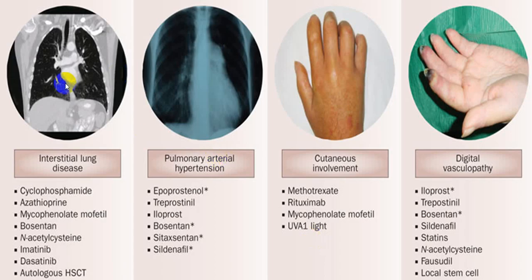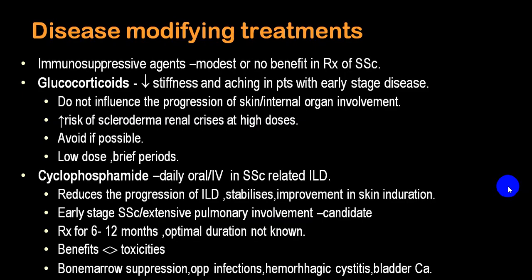So this is for respiratory involvement. What are the drugs which are being utilized? This is interstitial lung disease, this is pulmonary hypertension, this is cutaneous involvement, and this is digital vasculopathy. You can utilize immunosuppression drugs.